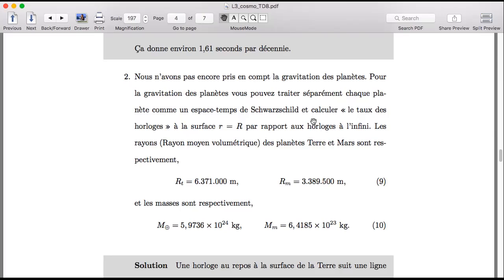We can assume that the clocks at infinity, whether you're at infinity in Schwarzschild with Earth at the center, or with Mars at the center, either way you're at infinity, should agree with each other. So that's our common reference point: clocks at infinity.